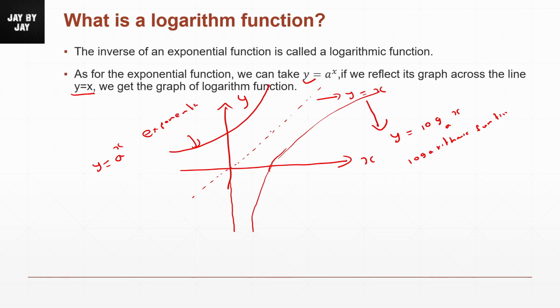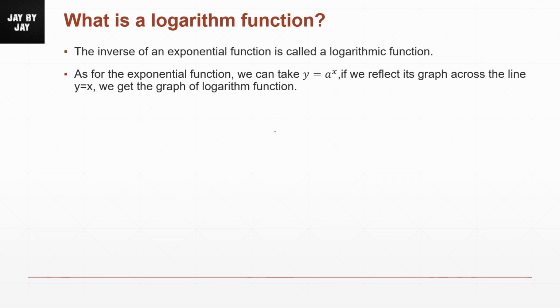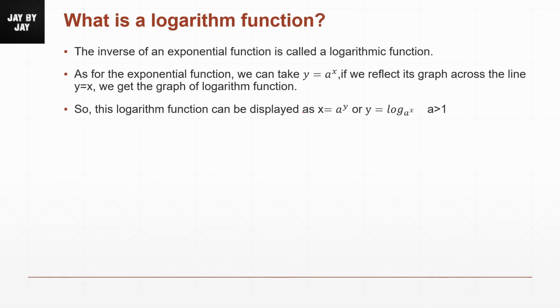Let's move to the third point. The logarithmic function can be displayed as x equals a to the y and y equals log a to the x. We have discussed both of these. The exponential function can be written y equals a to the power x, and if we take the inverse of this one, we need to interchange the x and y values.